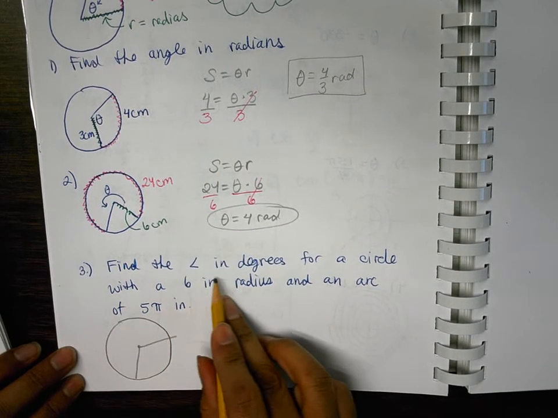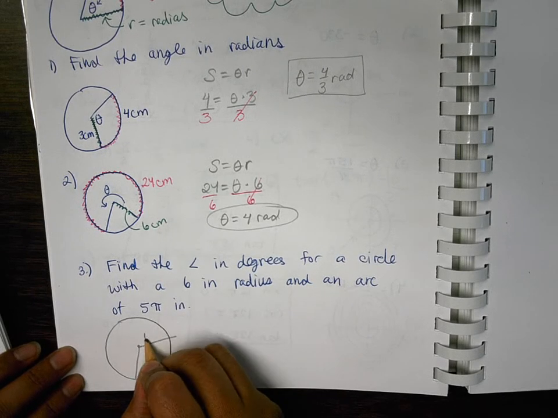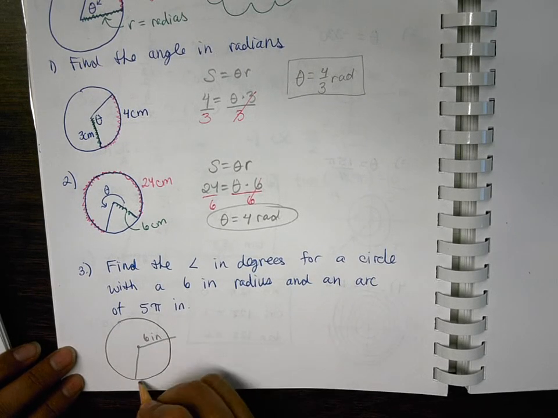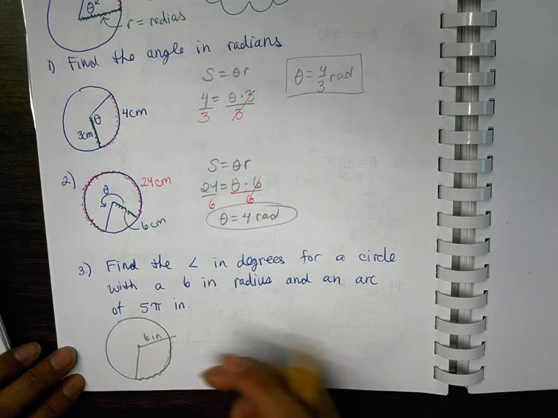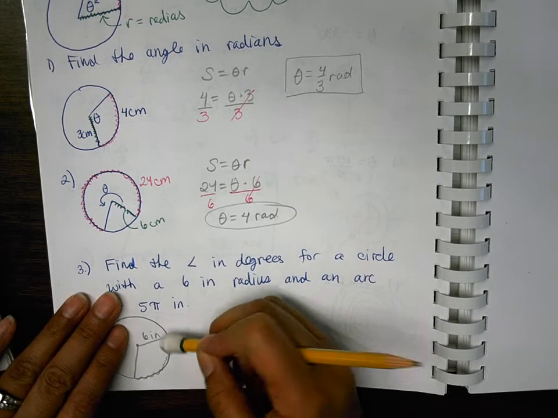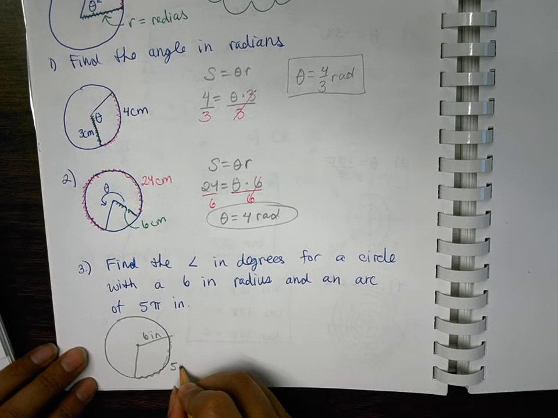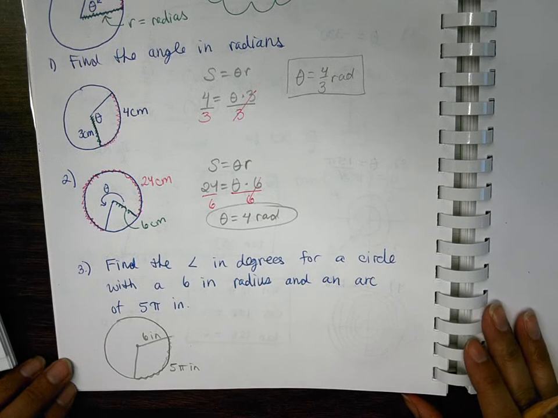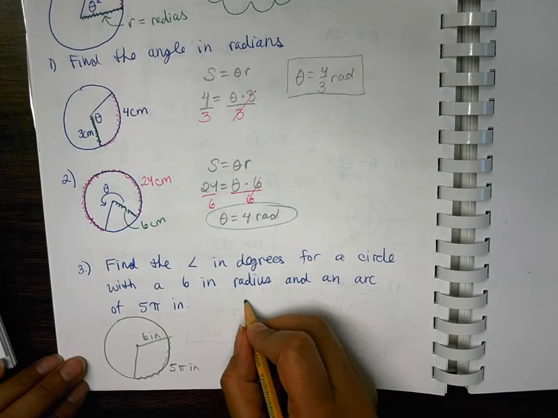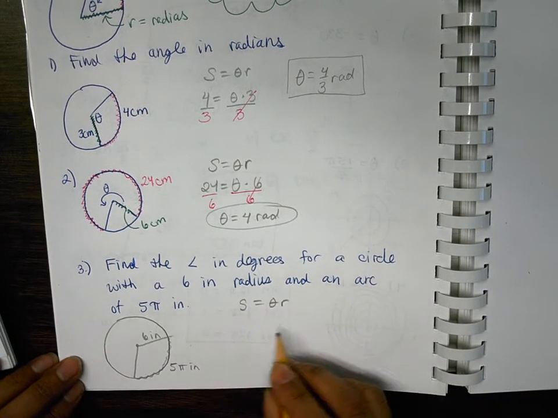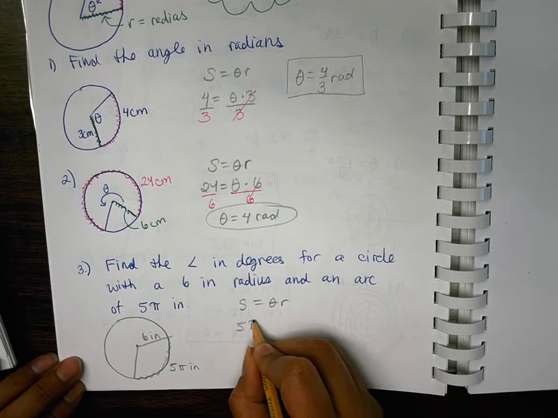Find the angle in degrees for a circle with a 6-inch radius and an arc of 5 pi inches. All right, say theta S equals theta R. S is 5 pi.